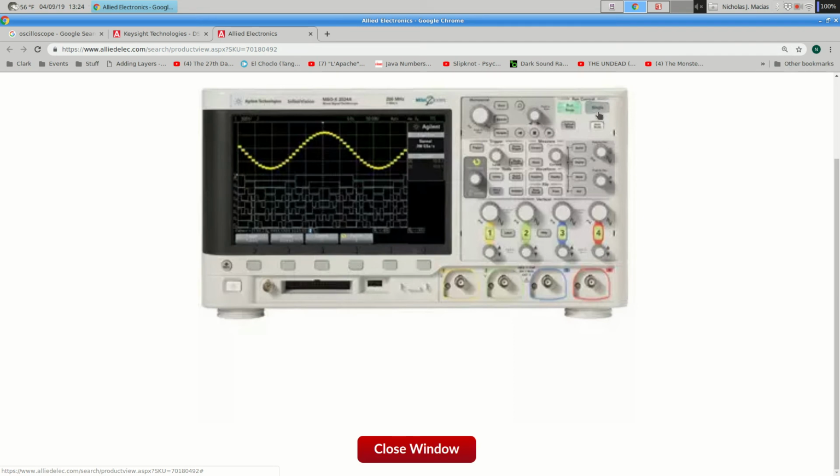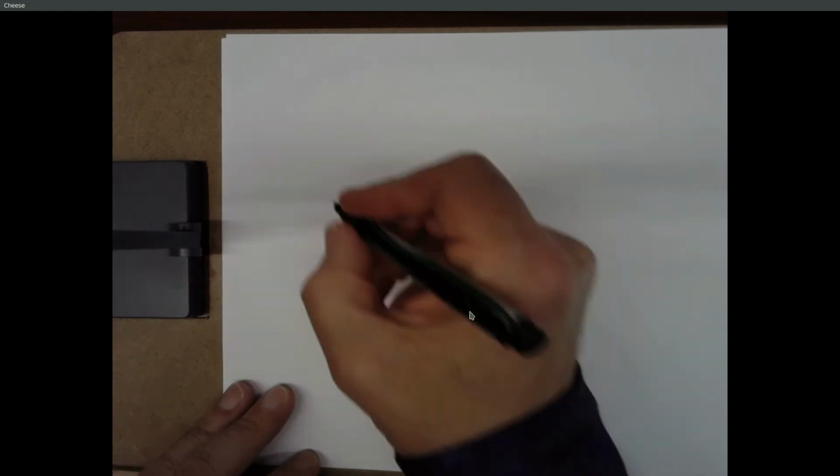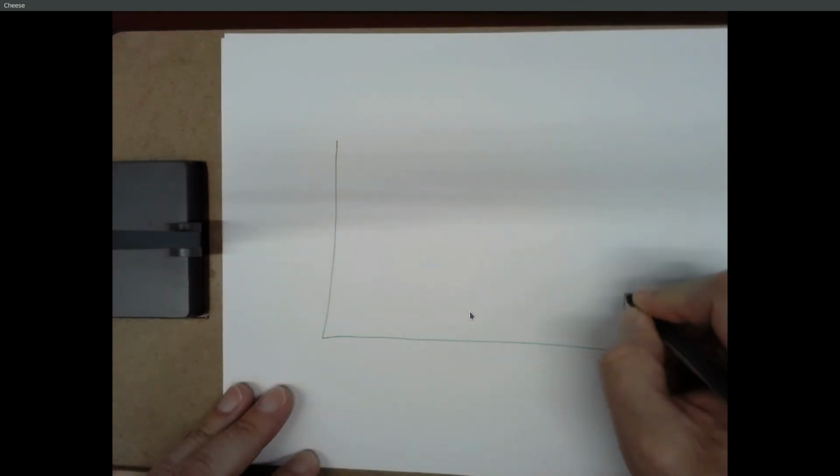And it has various knobs on it for controlling how we want to display this waveform. It's got a big display usually over here on the left that actually shows us a picture of the waveform. And it's got some inputs down here where we feed the signal in that we're trying to display. So how does this work? Let's just look at the display.